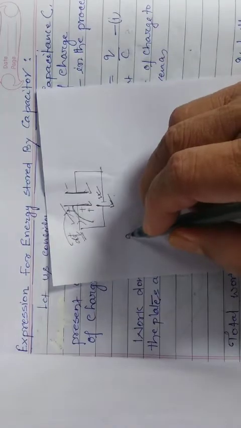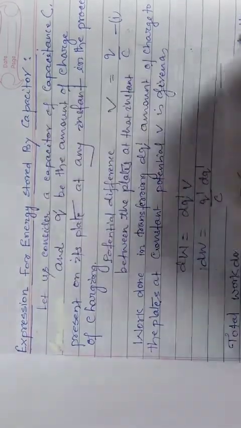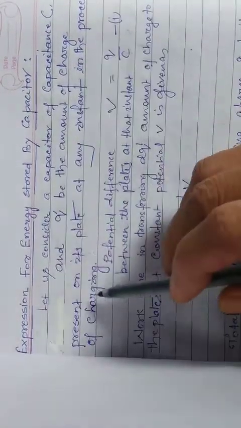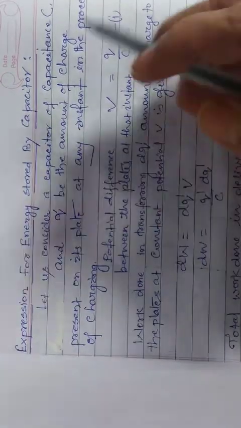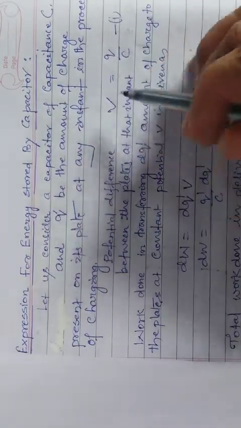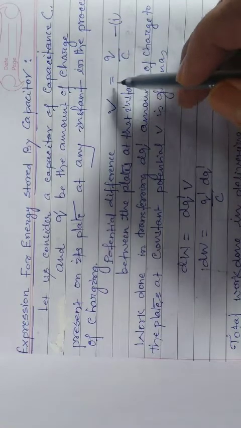Now let Q dash be the amount of charge present on its plate at any instant. Then what will be the potential difference between the plates at that instant?